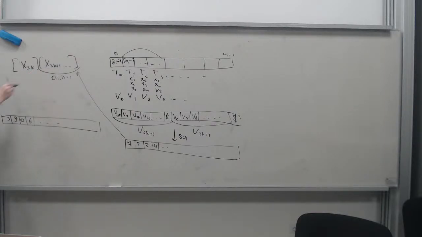Then we can sort these pairs. So this will be the pair: the character, and the position of the suffix 3k plus 1 in this array, and thus we can sort the suffixes at positions 0 modulo 3.